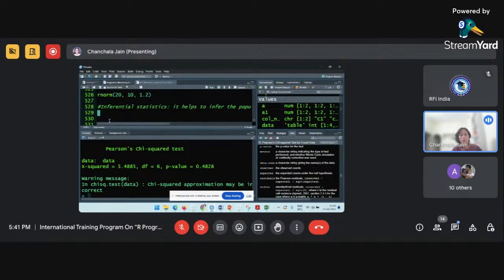Whenever we are talking about hypothesis testing, and testing of any particular hypothesis, we are generally testing a null hypothesis, right? So we always test the null hypothesis using various statistical tests, right?